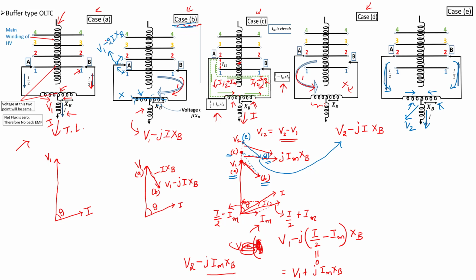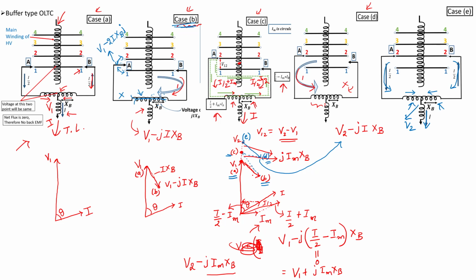This is J we have to add somewhere, so I can add J here itself. This is because XB is associated with reactance, so V1 minus 2IXBJ.